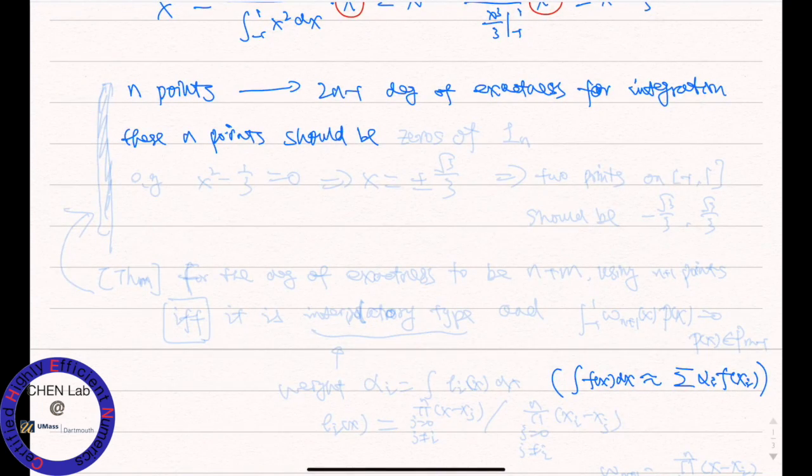Around the polynomial, as we will talk about, they should be the roots or zeros of Ln. Okay, Ln. For example, if we look at x squared minus 1/3, we let that be 0, which gives us the solution x is plus or minus square root of 3 over 3.